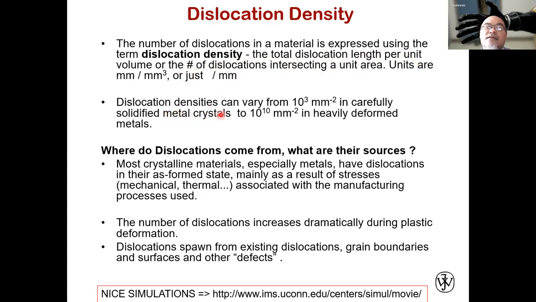Dislocation densities can vary from 1000 per square millimeter in carefully solidified metal crystal. When it is carefully solidified, it means you have fewer defects, right? But in heavily deformed metals, the dislocation density can go up to 10 to the power of 10 per square millimeter. So where do these dislocations come from? What are their sources?